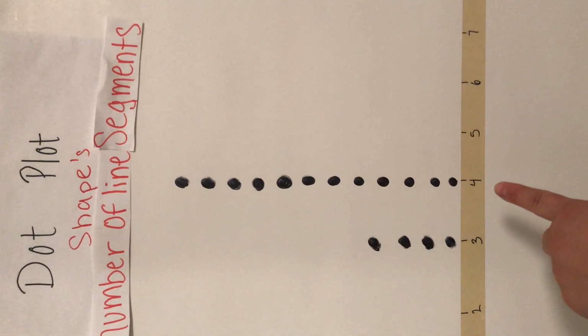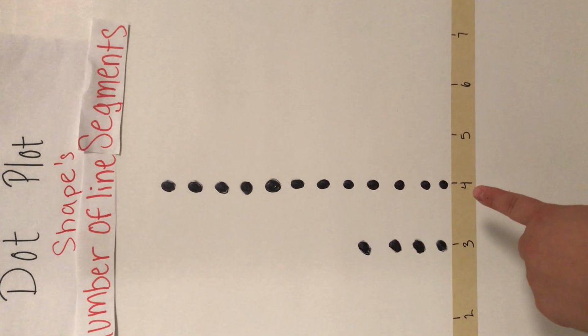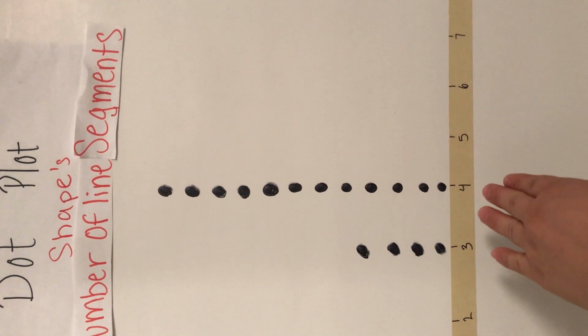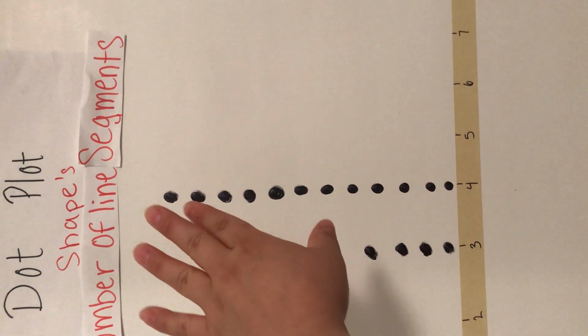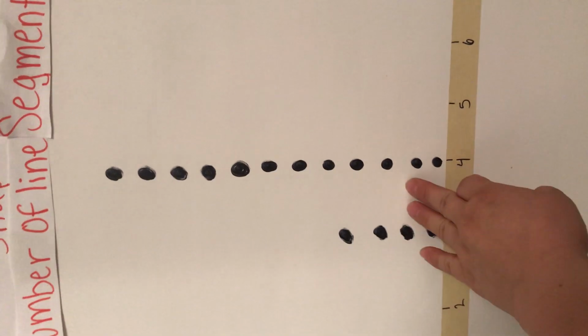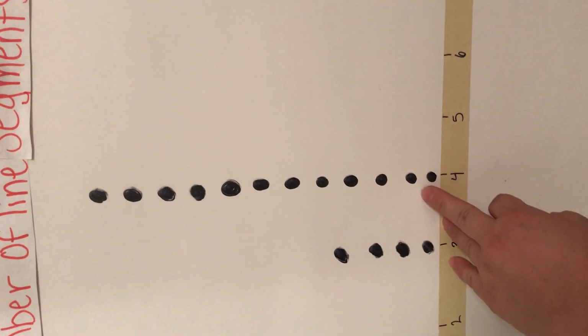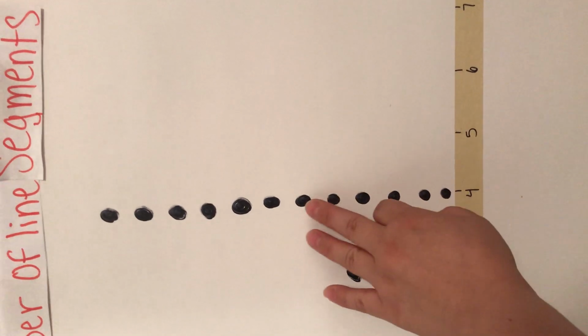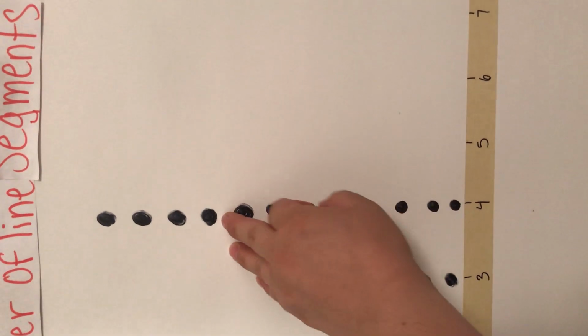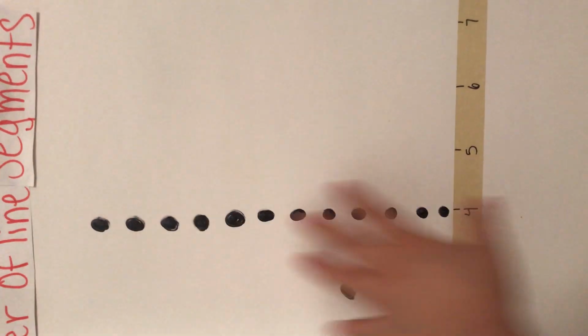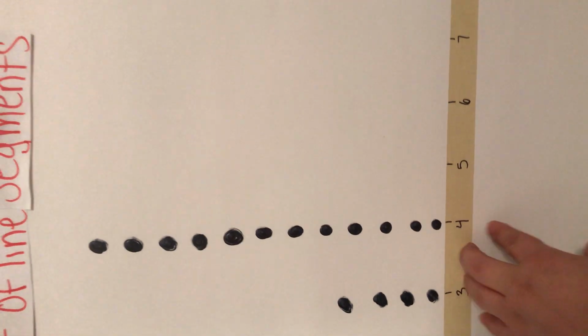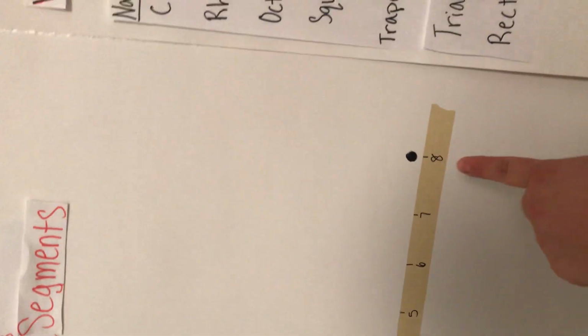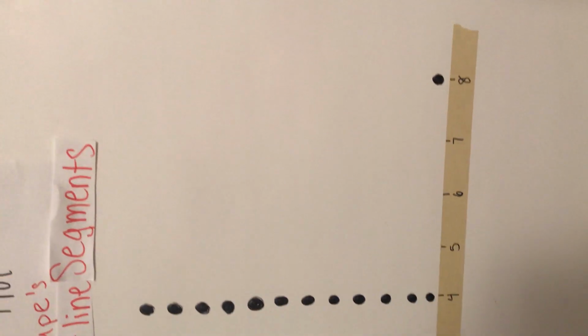And there would be 4 line segments, and this would be my total of shapes with at least 4 line segments. So I have about 1, 2, 3, 4, 5, 6, 7, 8, 9, 10, 11, 12. So about 12. And I have my octagon, which would be the 8 line segments.